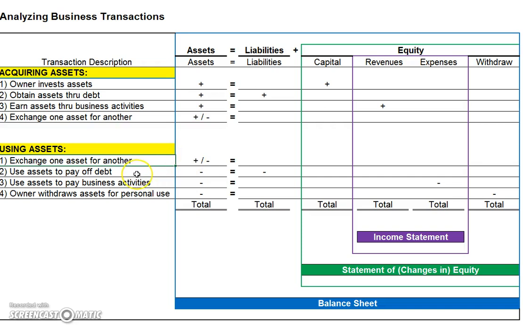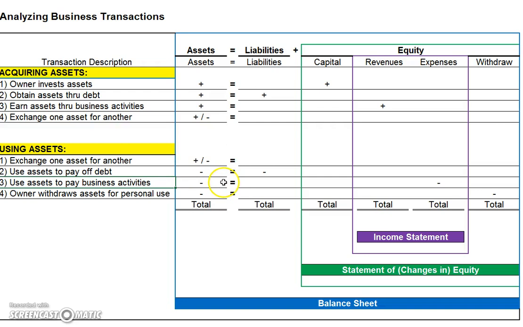Let's move on to the second way that a business uses up an asset or an asset goes away. We can use up assets to pay off debt. In this case, again, the asset is going down and the liabilities are also going down, which would keep your accounting equation in balance.